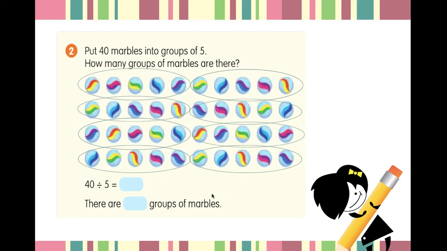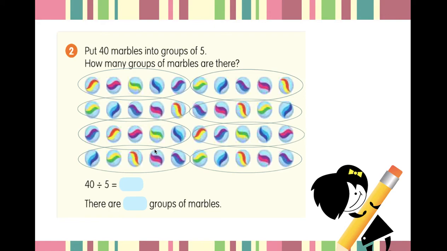Any group you take. Let's take this one: 1, 2, 3, 4, 5. Let me take this group last. This group: 1, 2, 3, 4, 5. So I have divided all the groups with the same number of marbles. There were 40 marbles, and I divided them into groups of 5 so that all the groups have 5, 5, 5, 5, 5, 5, 5, 5 marbles.